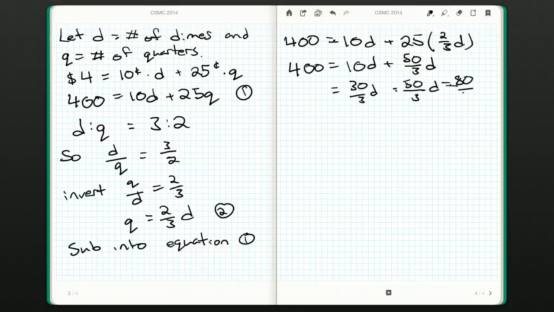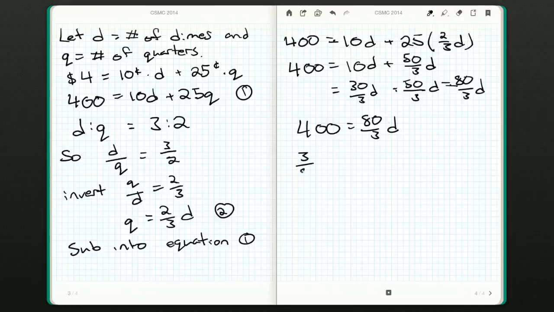So that's 80 over 3 dimes. So 400 is 80 over 3 dimes. We want to just get the number of dimes, and then we're done the question. So what we can do is cancel out this 80 over 3 by multiplying both sides by 3 over 80.